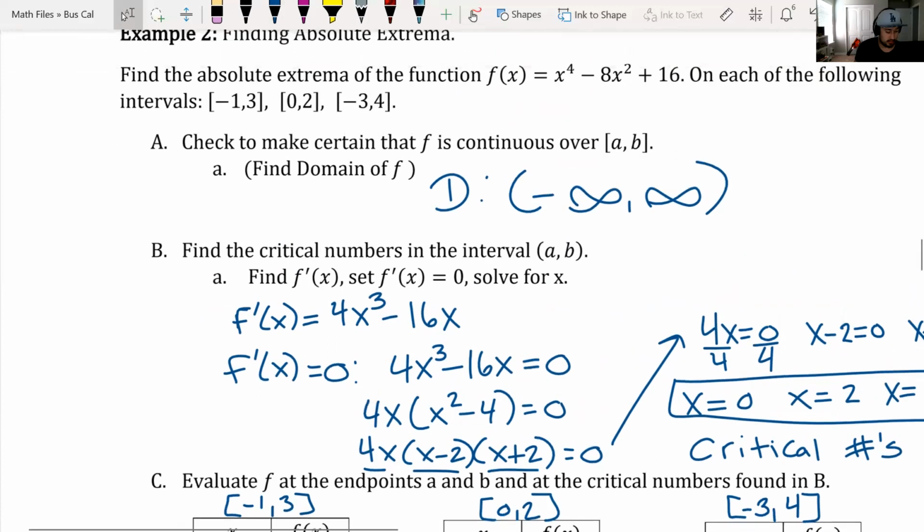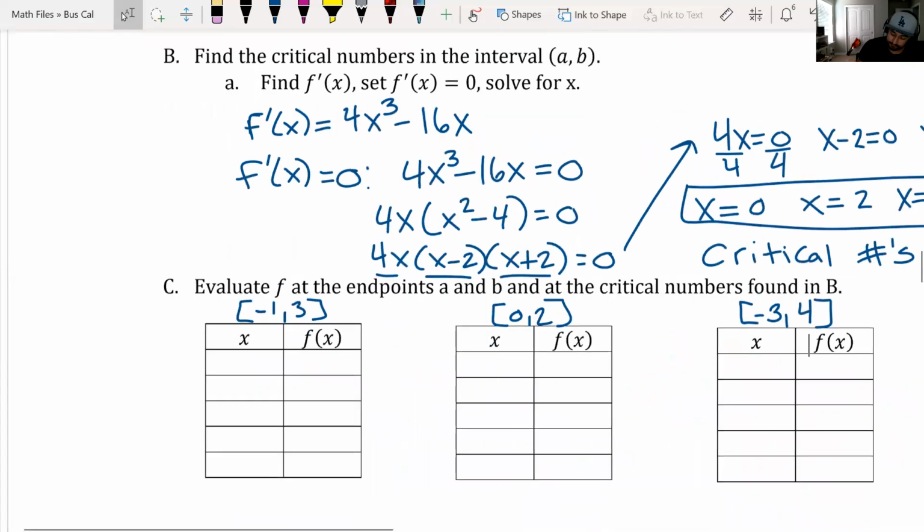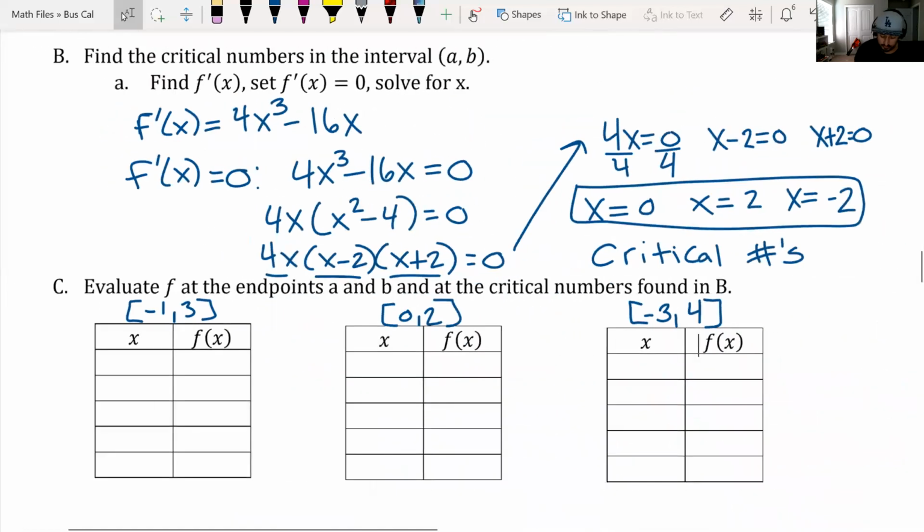Before moving on, I'm going to punch this function in my calculator: x to the 4th minus 8x squared plus 16. Okay, now there's our charts. We're going to start with the first interval, -1 and 3.